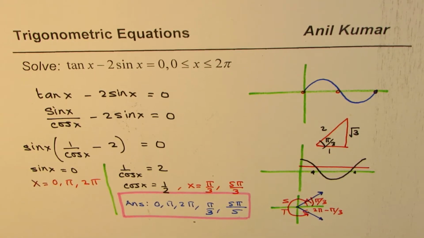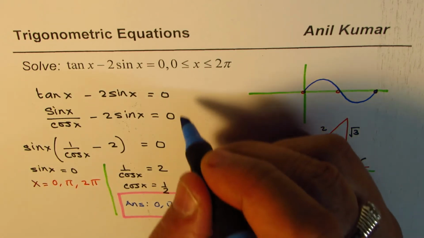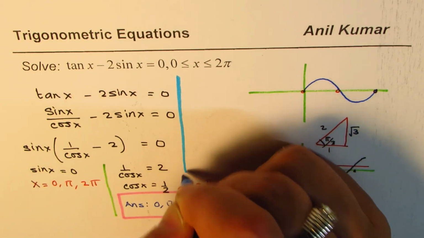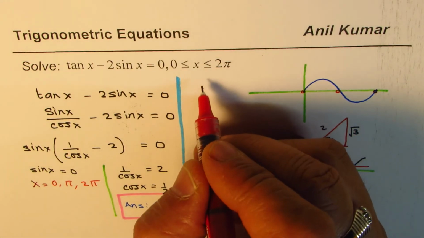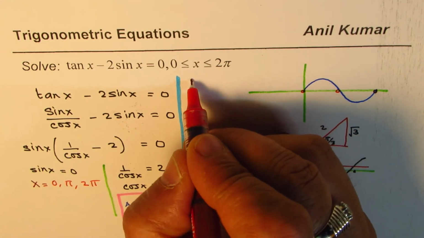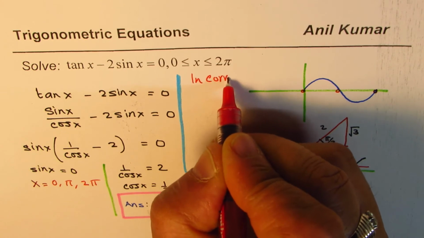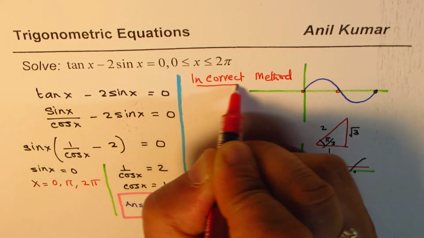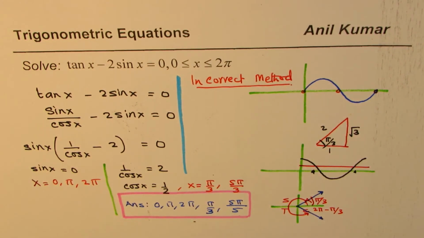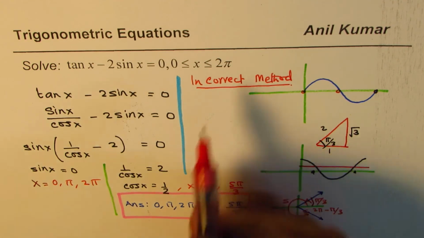Now here is a word of caution for you. Let me give you an incorrect method. So let me write down a method which is not correct. I'm writing incorrect method. It's important to understand this also, since I've seen this solution in many test papers.